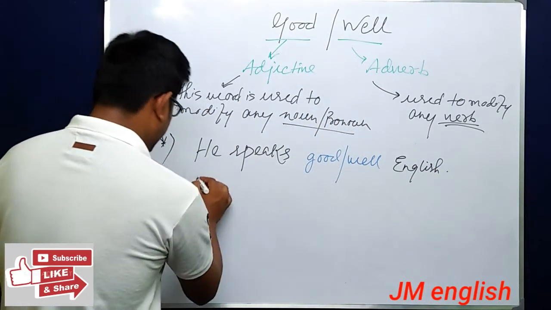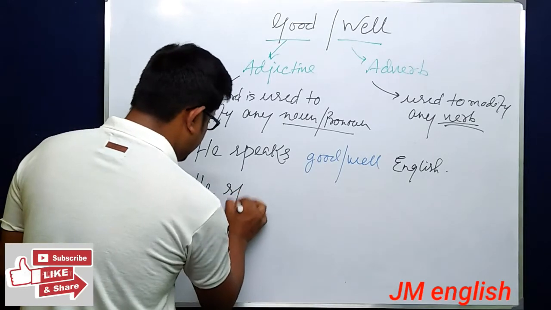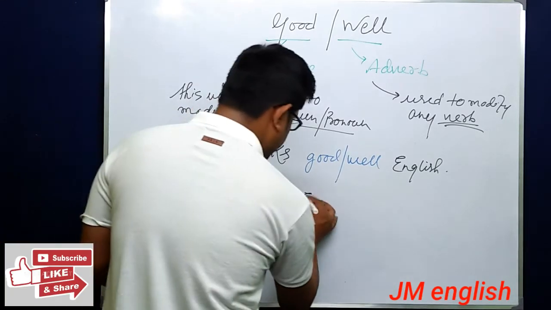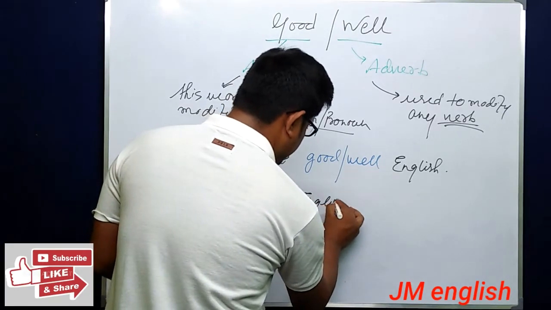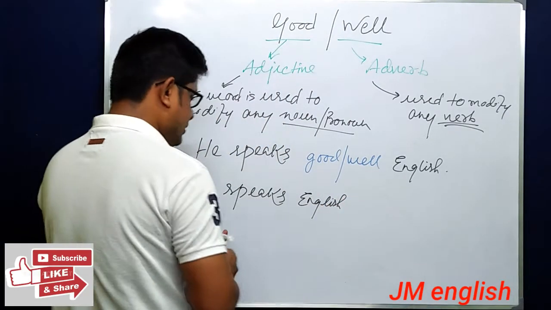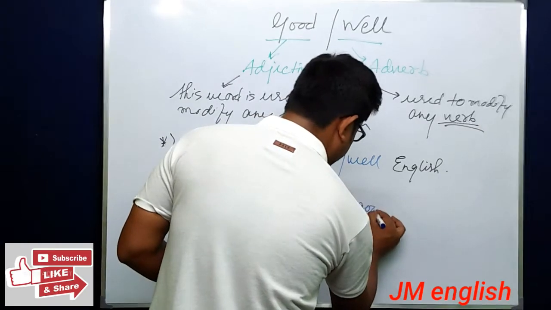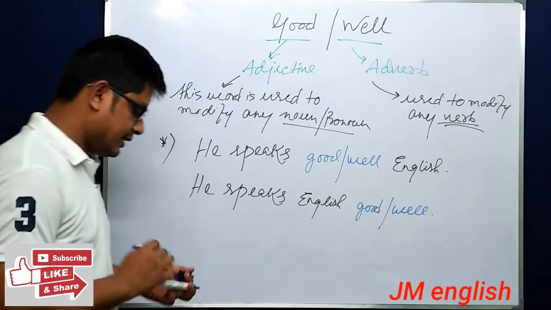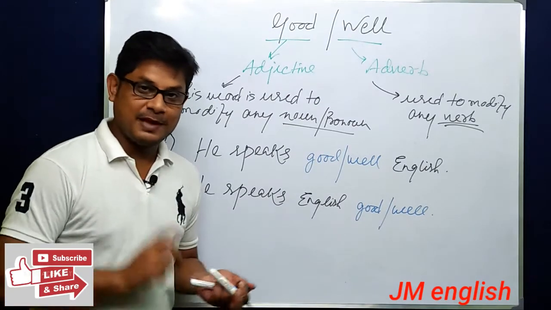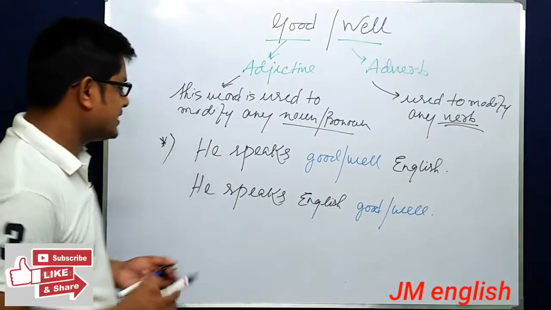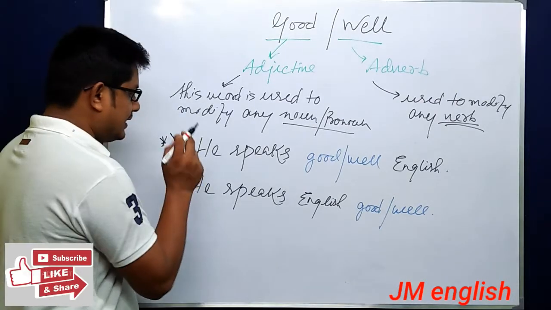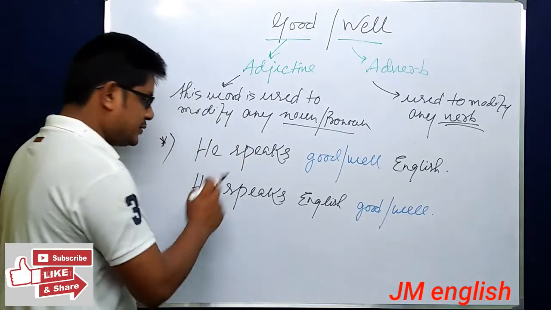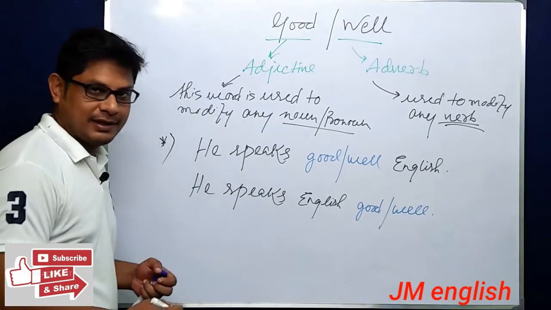The second one is he speaks English good or well. Now this is a very confusing part. Now look at these sentences: he speaks good or well English. He speaks English good or well, right?